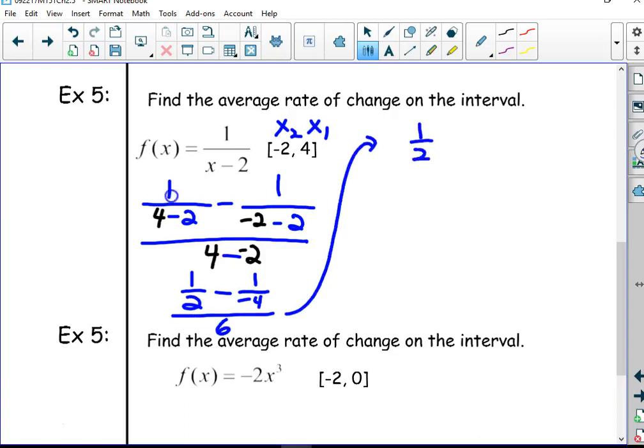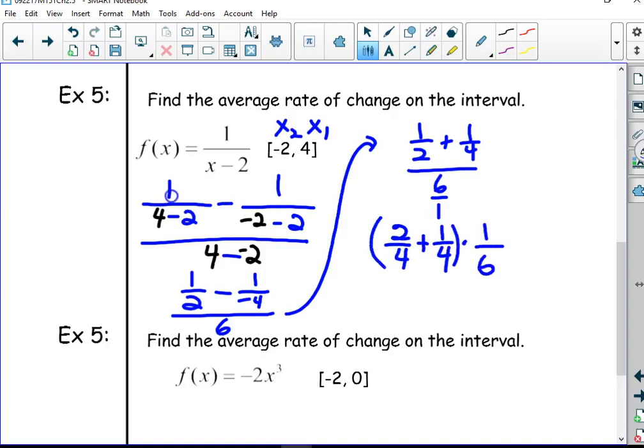So 1/2 plus 1/4 all over 6 over 1. 1/2 and 1/4, I'm going to change the denominator to 4, so I get 2/4 plus 1/4 times 1 over 6. 3/4 times 1 over 6, and that'll give me, reduce, looks like 1/8. So my average rate of change over that particular interval is 1/8.